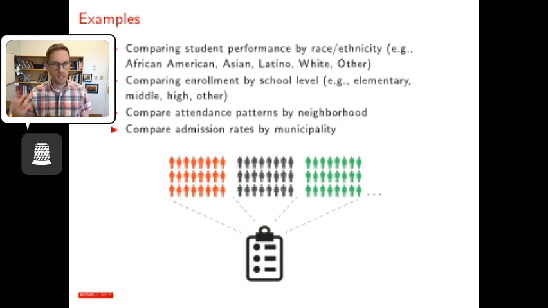Maybe attendance patterns by neighborhood or admission rates by municipality. There are lots of different options, but the idea is that you have more than 2 independent groups that you'd like to compare the means of. And again, like all of these tests, we'll get a sample, but it's really the population that we're interested in making inferences about.